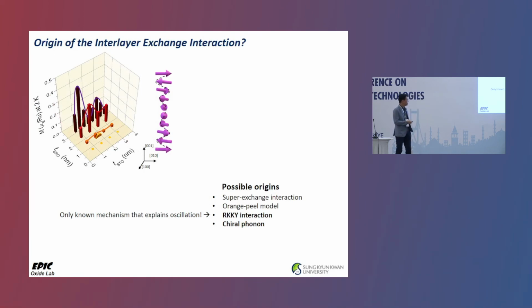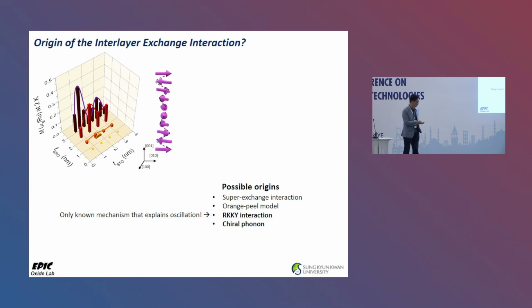Okay, so what's the possible origin? So we first looked into the RKKY interaction because there are many different origins that can explain the magnetic interaction between heterostructures: superexchange, dipole-dipole interaction to start with, the orange peel model, but there aren't any that discuss the spacer layer thickness dependence, except for the RKKY, of course.